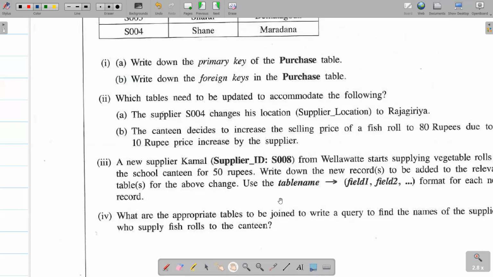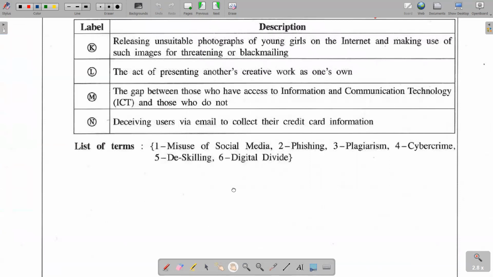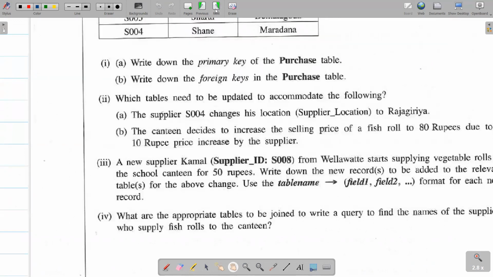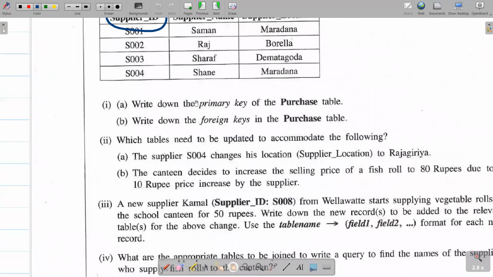So what we can see is in the previous one, the supplier 004 changes his location.